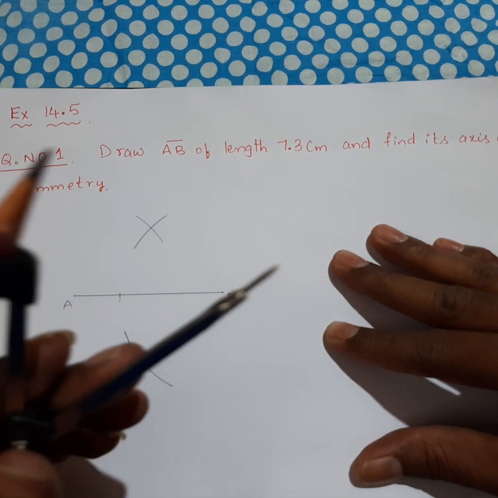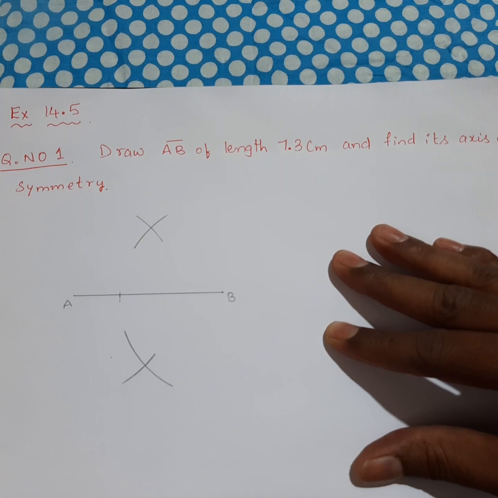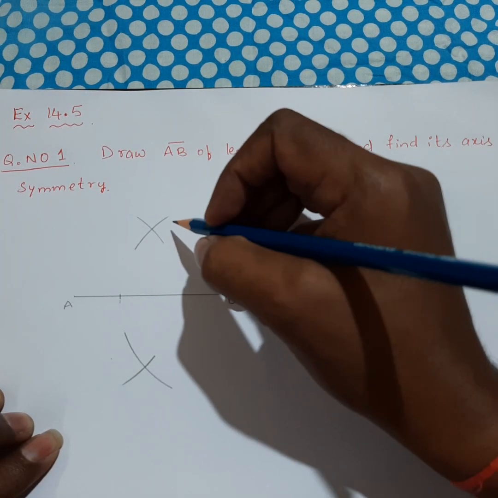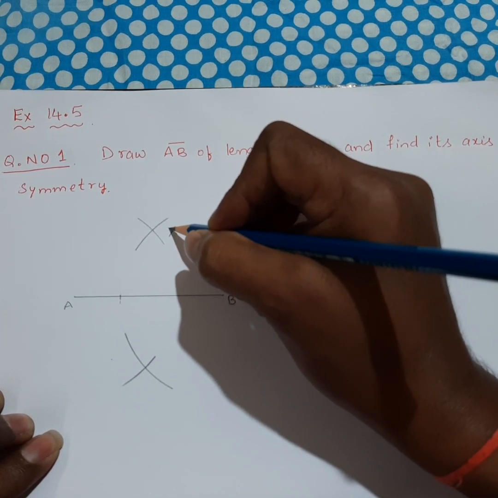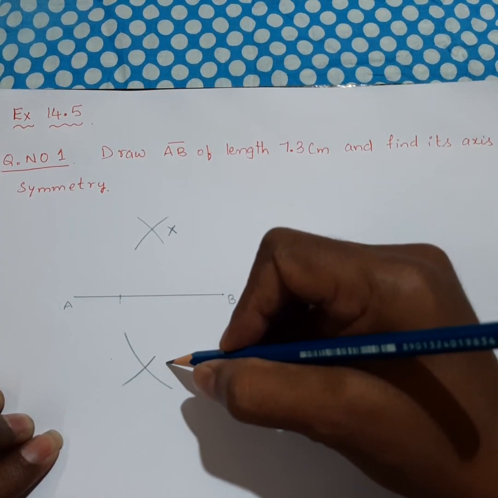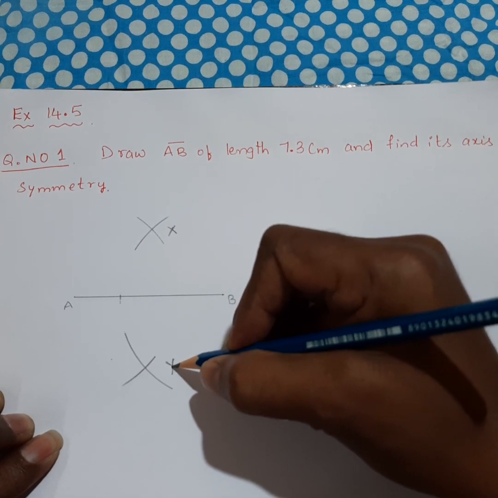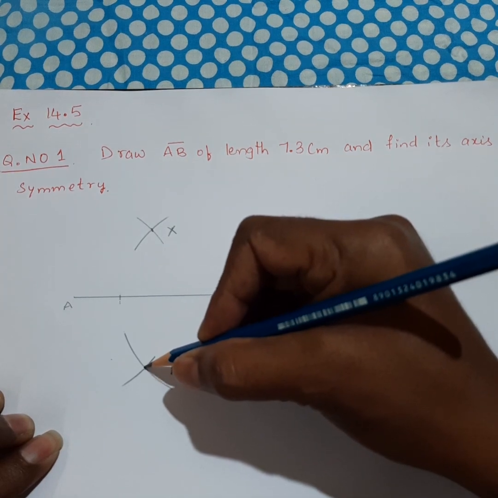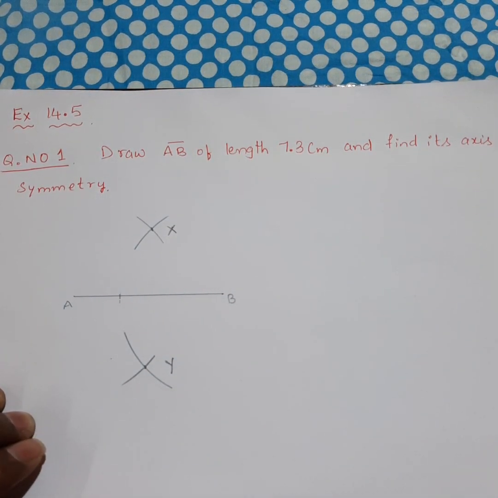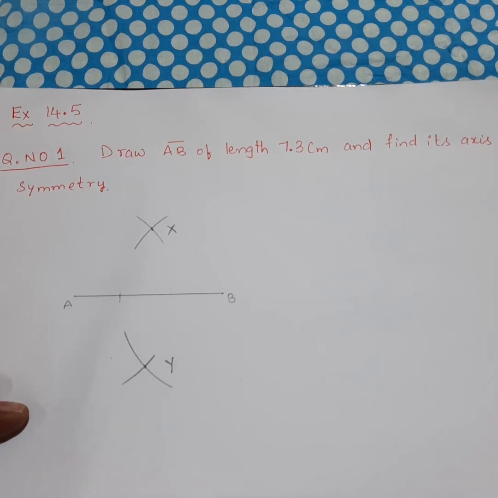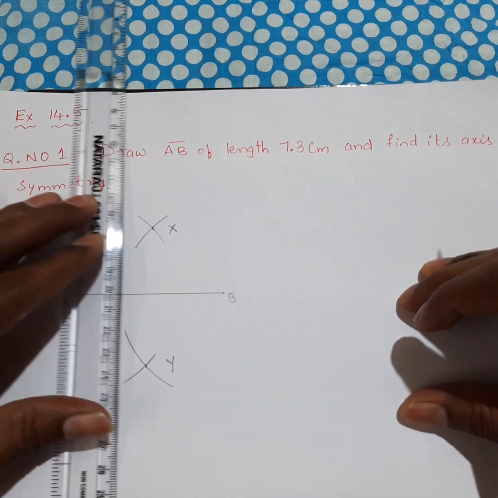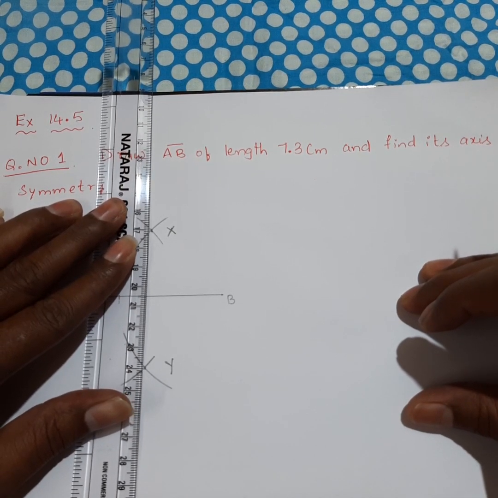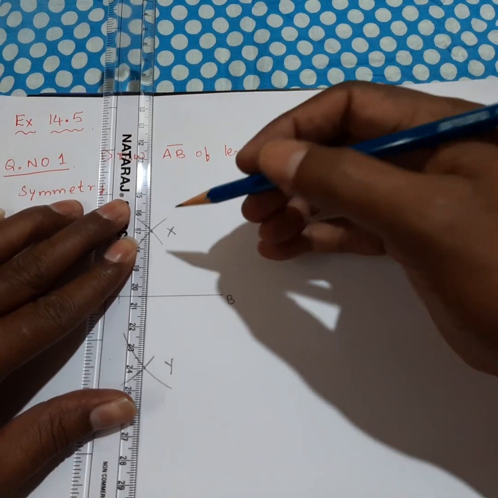Now these two arcs will intersect at 2 points, this is X and the one down will become Y. This is one point X and this is one more point Y, right? Now join those 2 points by using a scale or ruler. Just join X and Y, right?